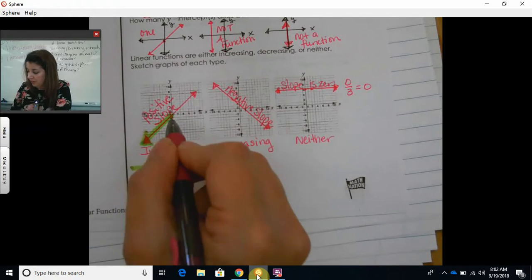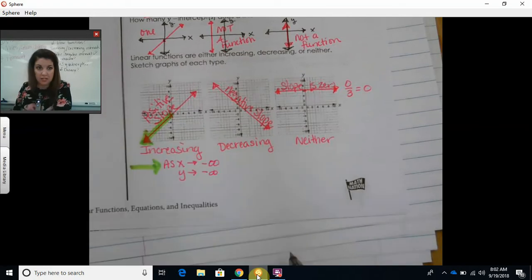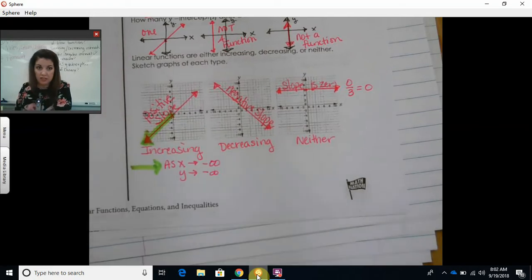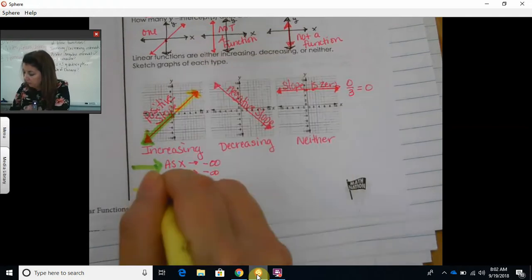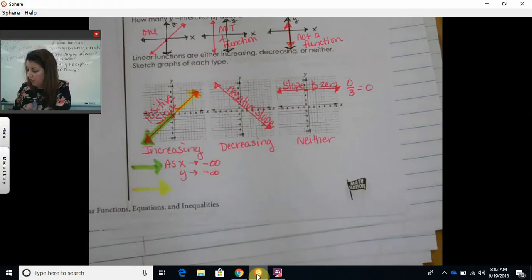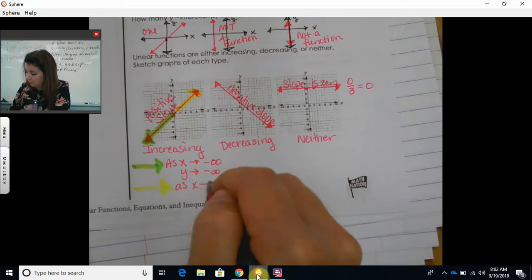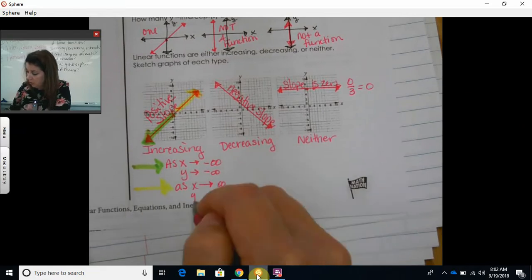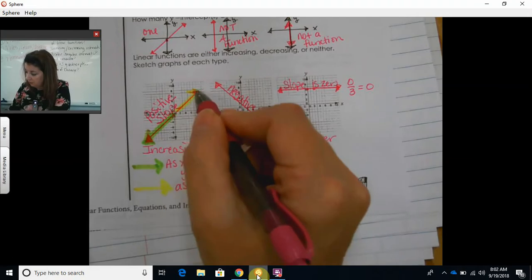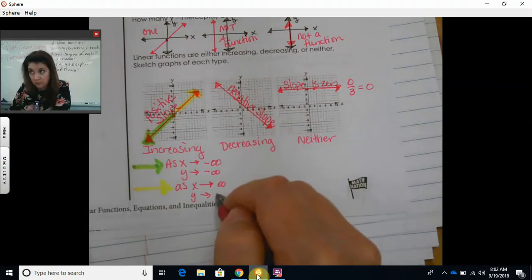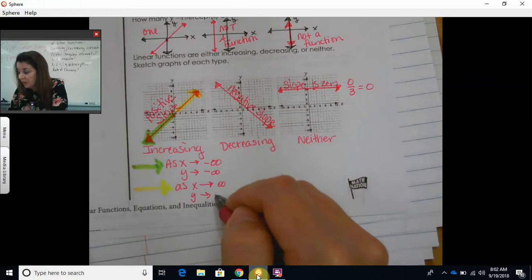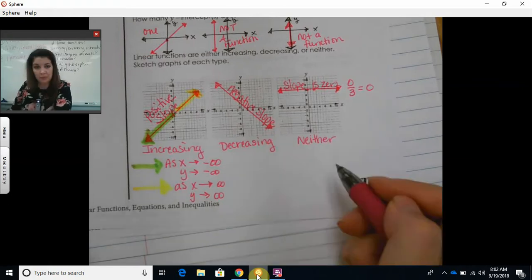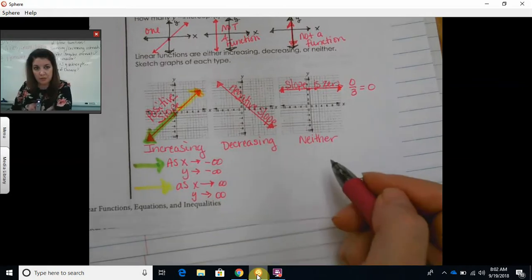As x is approaching negative infinity, y is also approaching negative infinity. This was part of your tests on section 1. Now let's describe the right side. On the right side, as x is approaching positive infinity, y is approaching positive infinity. That's just a review.